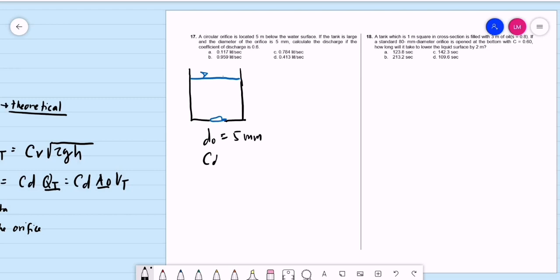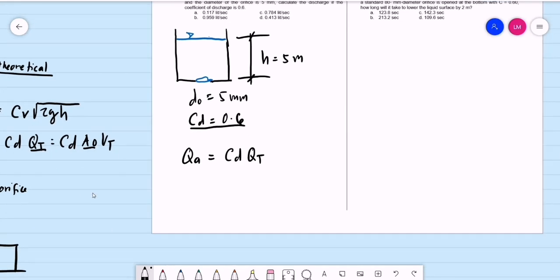The coefficient of discharge is 0.6. And the height of water above the orifice, which is the head of the orifice, is equal to 5 meters. So we are looking for the discharge. Since we have a coefficient of discharge, we are looking for the actual discharge, which is equal to the coefficient of discharge multiplied by the theoretical discharge.